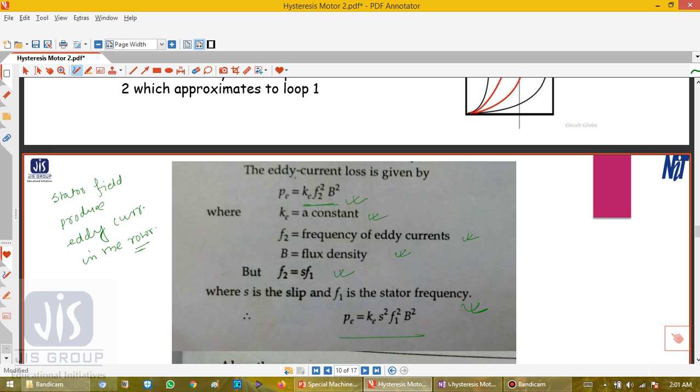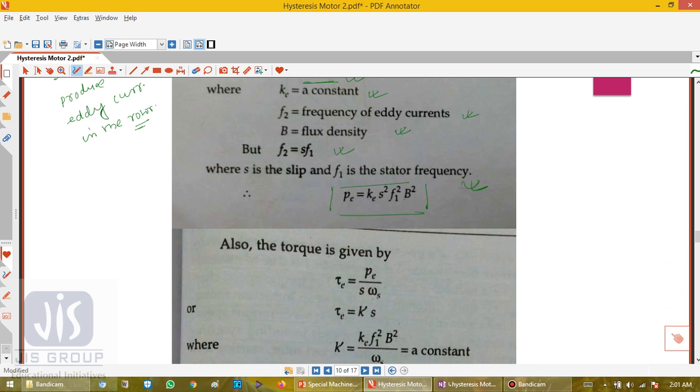So the equation becomes Pe equals Ke S squared F1 squared B squared. Similarly, the torque will be given by this power divided by angular speed. Okay, so this is the torque.